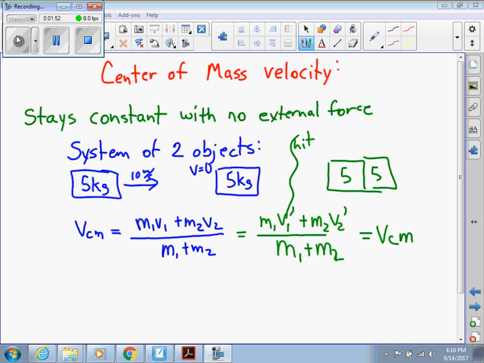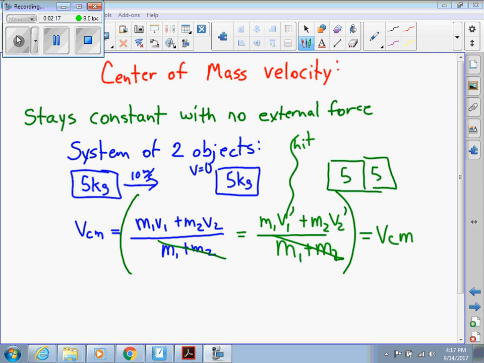And so this is a mathematical equality. If we have these two things equal to each other, we can cancel these terms and we're left with an equation for momentum. And you might remember that from last year. This quantity is called momentum.